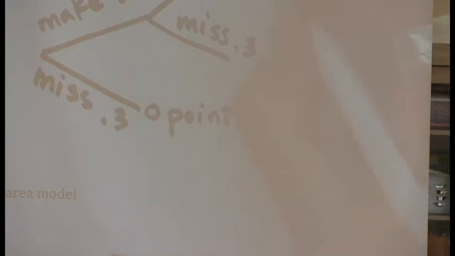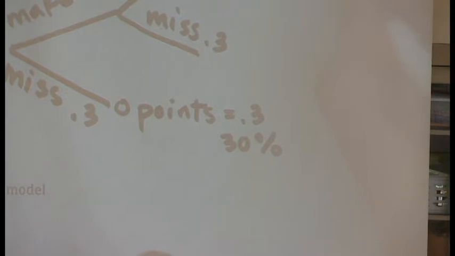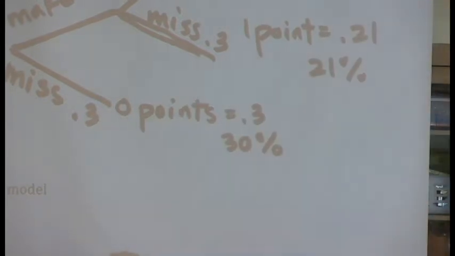So if I'm looking for a make and a make, that's my 2 points, right? 0.7 times 0.7 is, you've got a calculator, come on, 0.49, which is 49%. And then what if he makes the first one but misses the second one? So that's 1 point. That's 0.21. That's 21%.